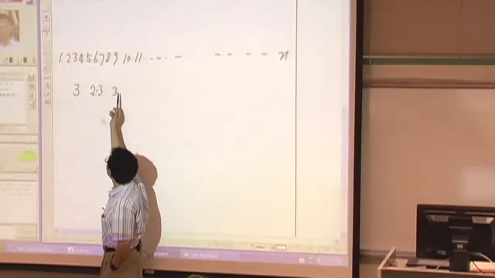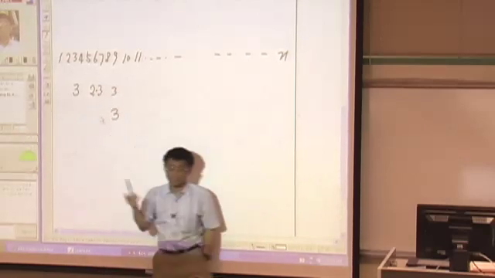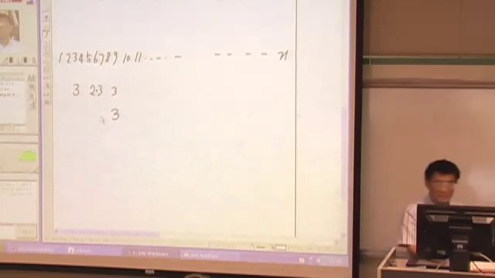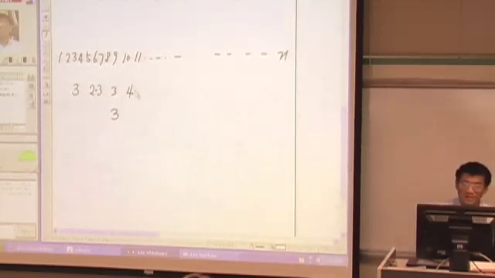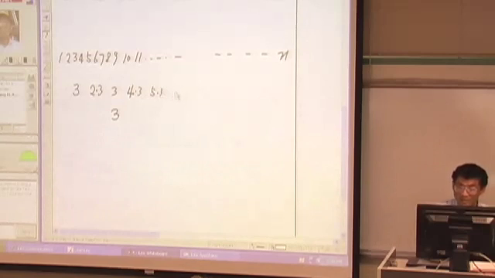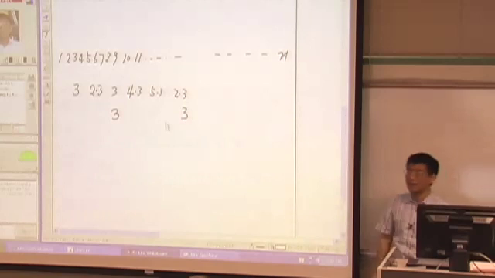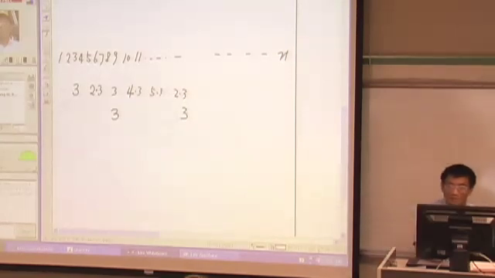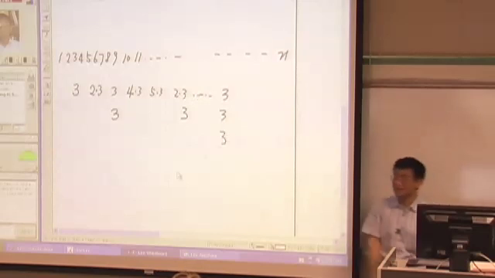But when it had a repeating factor, I stacked it. Then the next numbers are 4 times 3, 5 times 3, and then 6 times 3, which is 2 times 3 times 3.